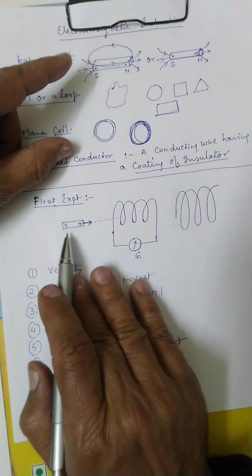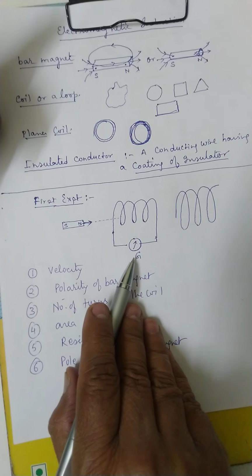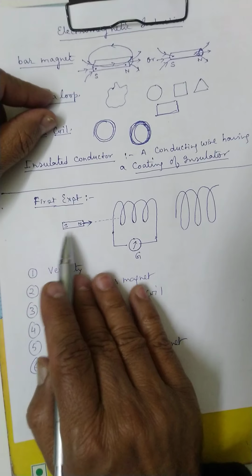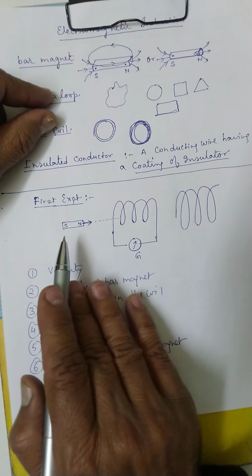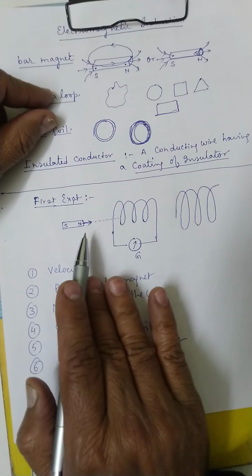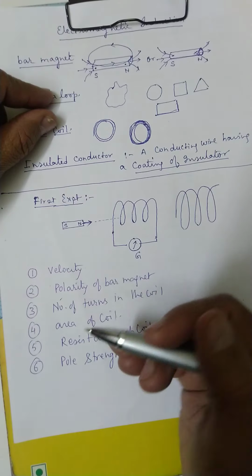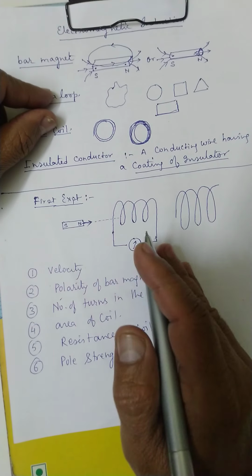Be careful. If I double the velocity, the deflection will increase, it will become double. But suppose during the motion, if I accelerate the bar magnet, accelerating the bar magnet means the velocity is continuously either increasing or decreasing, depending upon the retardation or acceleration.